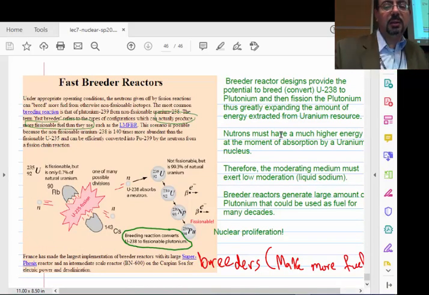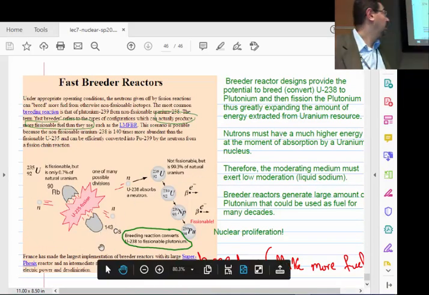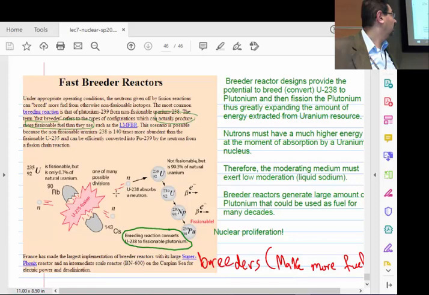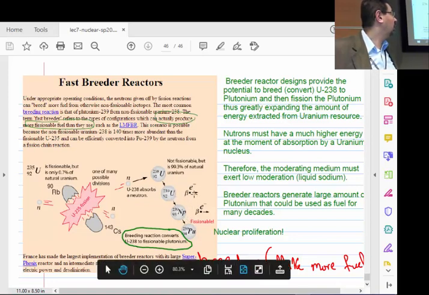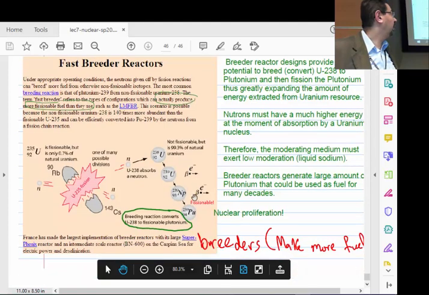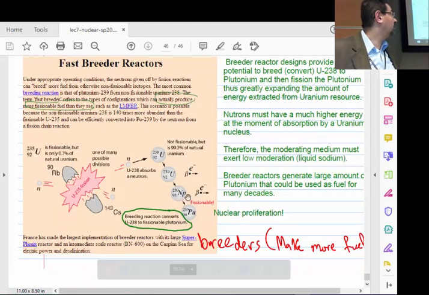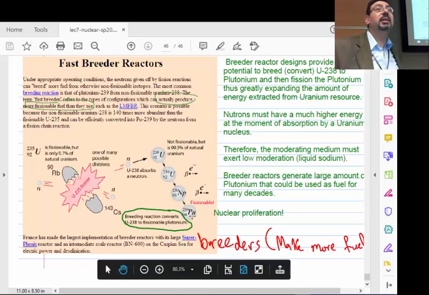Okay, so fast breeder reactor. How does it work? So uranium-235 breaks into two things, and then two neutrons leave, 2.5 kind of, and then if you can make one capture in uranium-238, it will turn 238 into 239, and this 239 goes through beta decay, another beta decay, losing electrons, and so 92 becomes 93, 93 becomes 94, and that is plutonium.